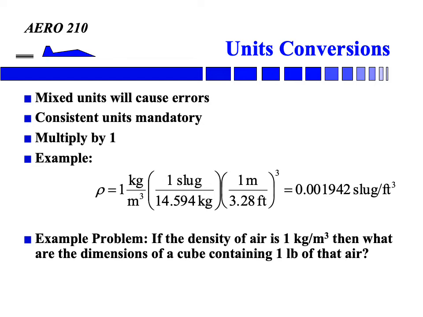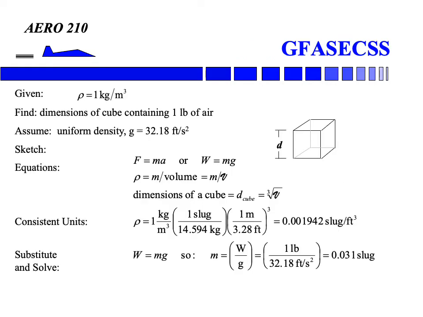Now let's try an example. Here's the example problem. If the density of air is 1 kilogram per meter cubed, then what are the dimensions of a cube containing 1 pound of that air? So let's use GAFASICS to solve this problem. First, we're given that the density is 1 kilogram per meter cubed.